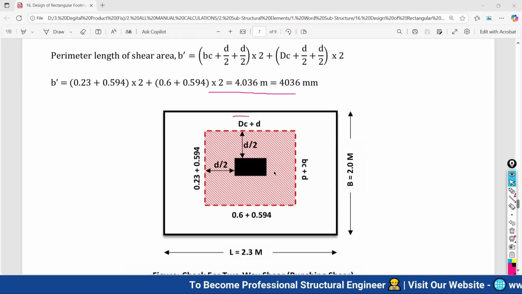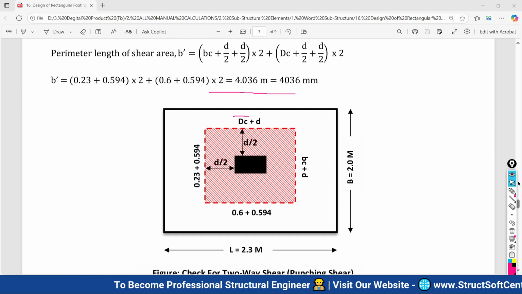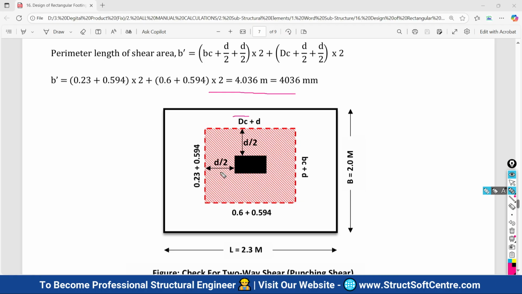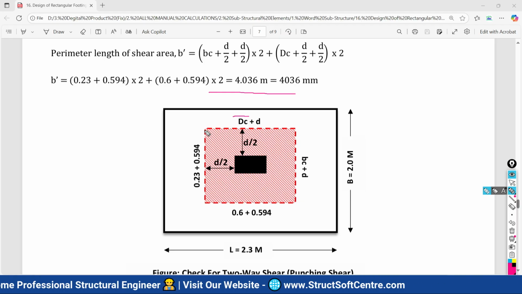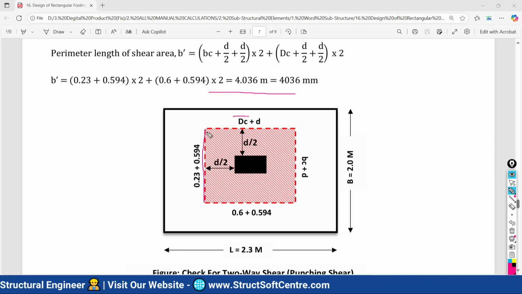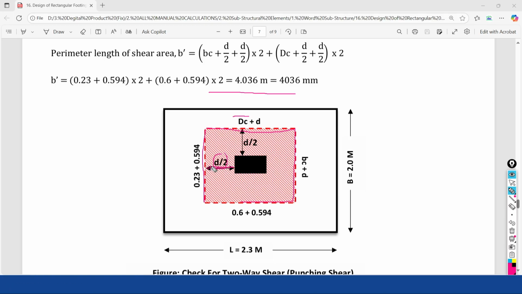If you look at this figure, this is the punching shear check figure, and in this case we have to calculate the shear force value at this section. We consider this section at a distance of d/2 from the face of the column in both directions, along the length of the footing as well as along the width of the footing.